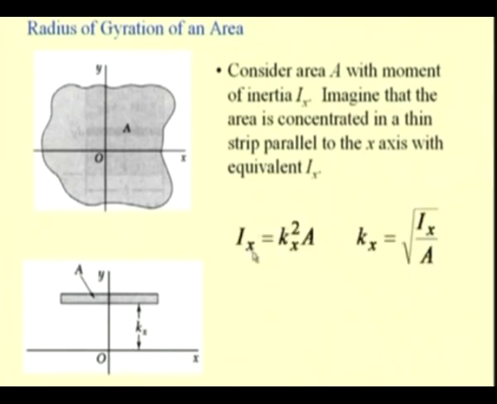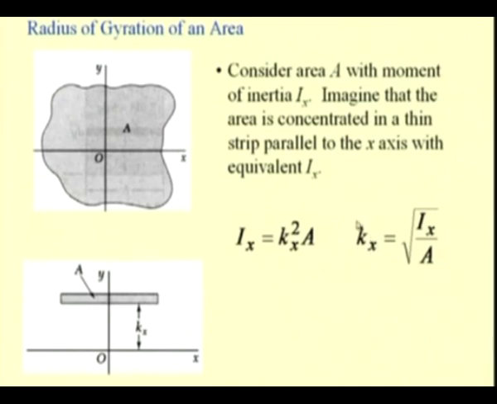So, we know that Ix is equal to kx square times A for this thin strip, because kx is the distance of this thin strip, and so we have kx as root of Ix by A, where Ix is the second moment of this area with respect to the x axis.